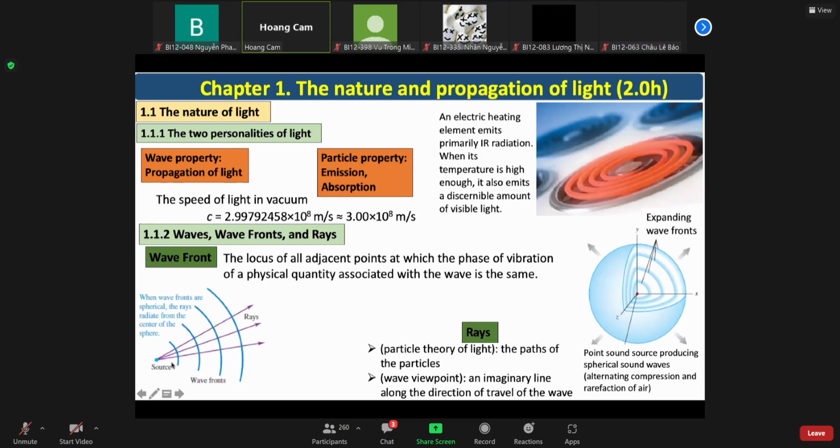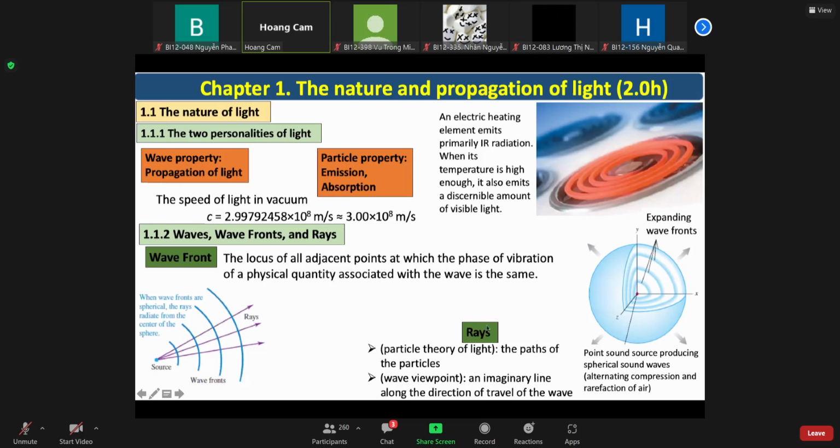Pay attention to that. For example, here we have the source, which produces a spherical wavefront. On the wavefront here, we denote spherical, from the center of the sphere.